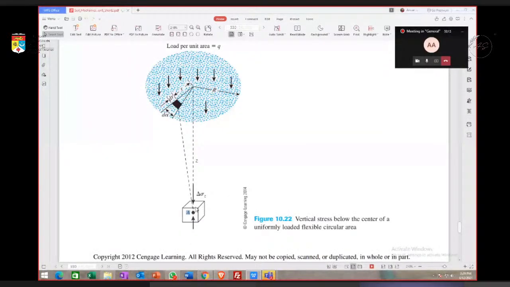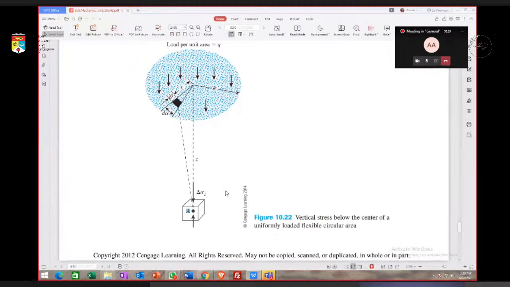Let's say it is off somewhere here, so we cannot use the equation given, because this one is for exactly the middle of the circular area. It is also given in the table to calculate the increase in stress.